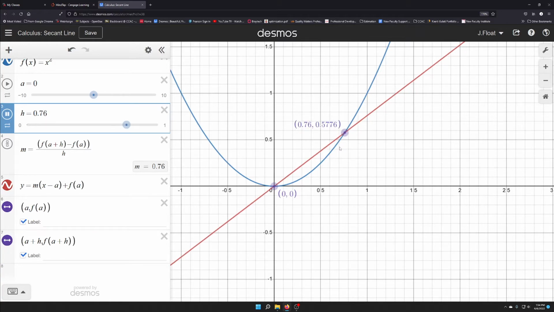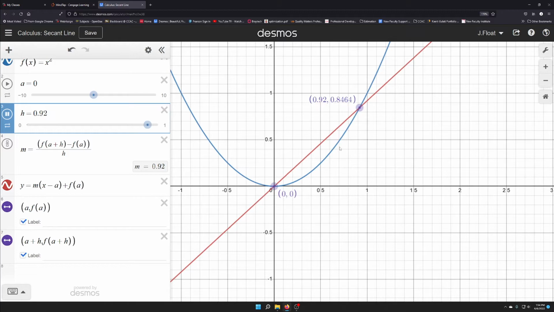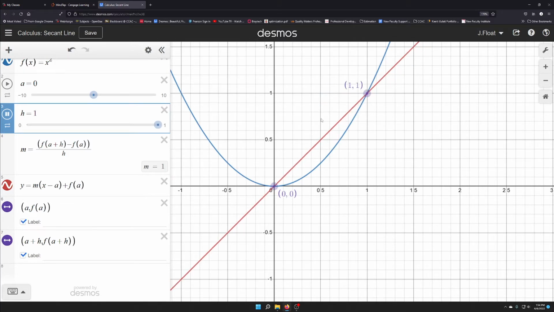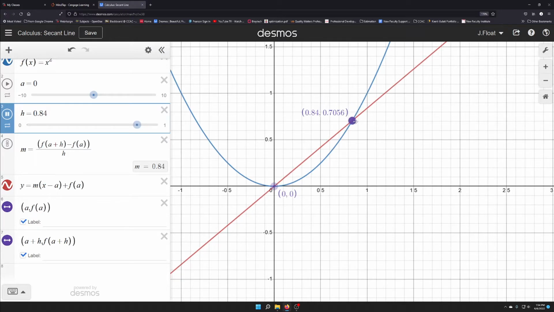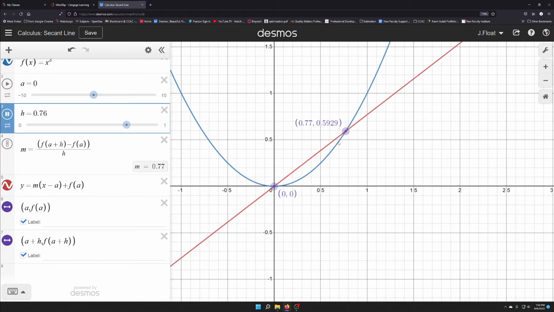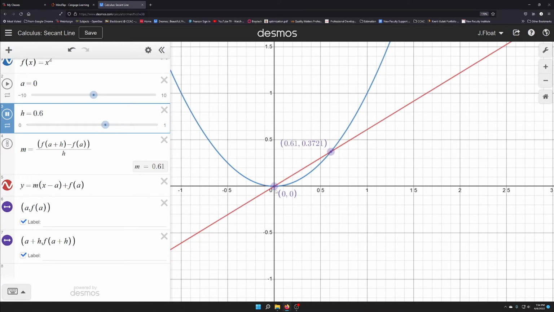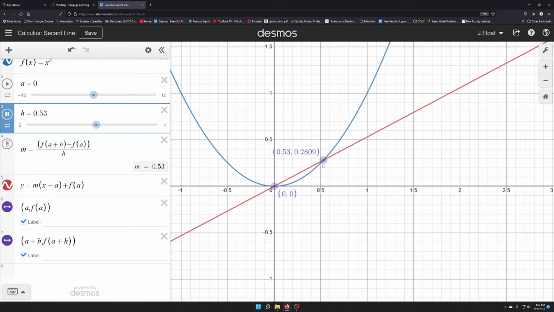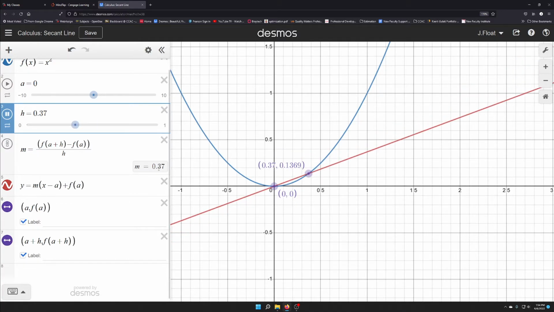But here's the beautiful part about what we're doing and how it pertains back to chapter 1. If we allow this point, as you can see, this is animated, it's getting closer and closer to the point in question. In other words, we wanted a equals 0. Notice that all these secant lines and their slopes are getting smaller and smaller.